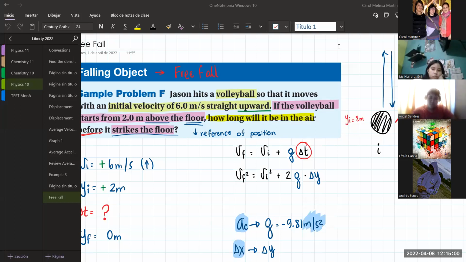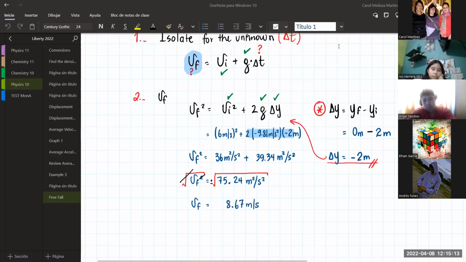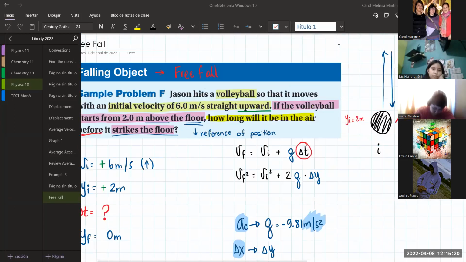When the ball is returning, the velocity can no longer be positive, because if you say that the velocity is positive, you are saying that the ball is going upward. But at this point, before the volleyball strikes the floor, the volleyball is coming down. So my velocity when it's going up is going to be positive, but when it's coming down, it's going to be a negative velocity.